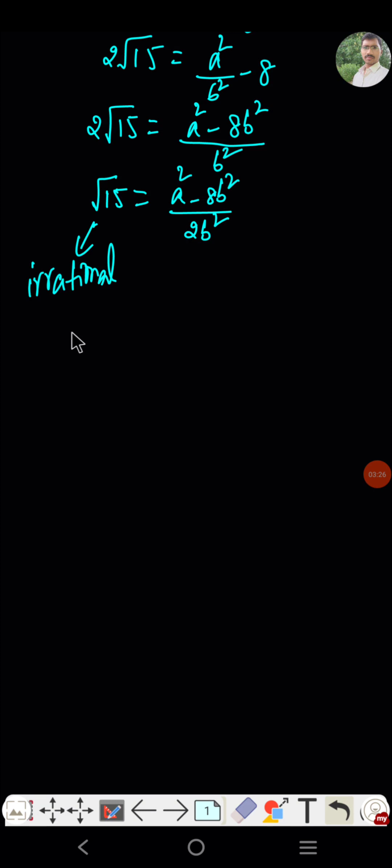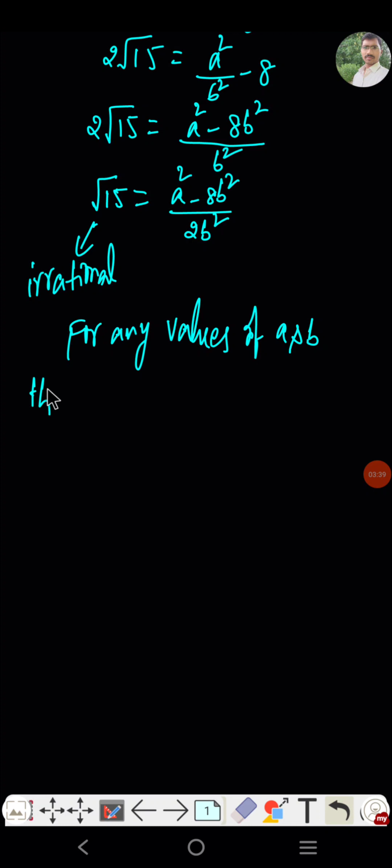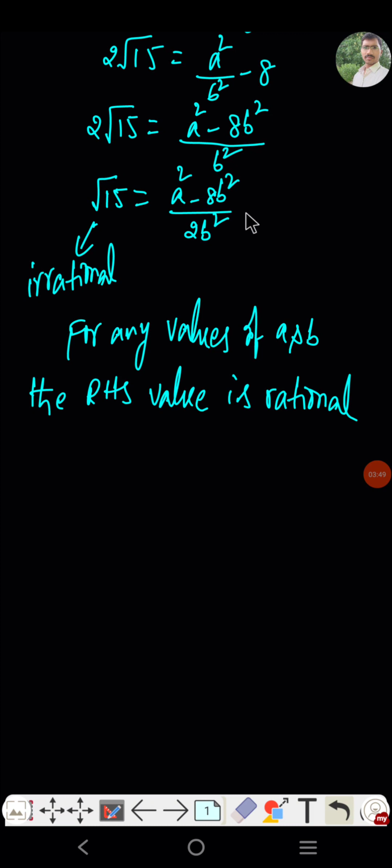For any values of a and b, for any integer you can substitute in place of a and b, the RHS value is rational, but the LHS is irrational.